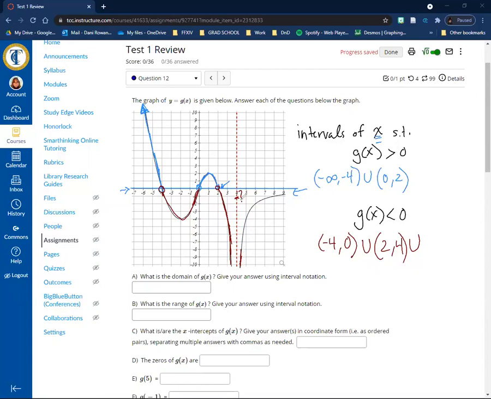Around 4.5. Well, it looks like that, but remember, this is going to keep going. So it's going to get really close to 4, but not touch it. So will we bracket that off? We don't bracket it because it's not included. It'll get super close, but it won't actually touch it. So it doesn't include 4.